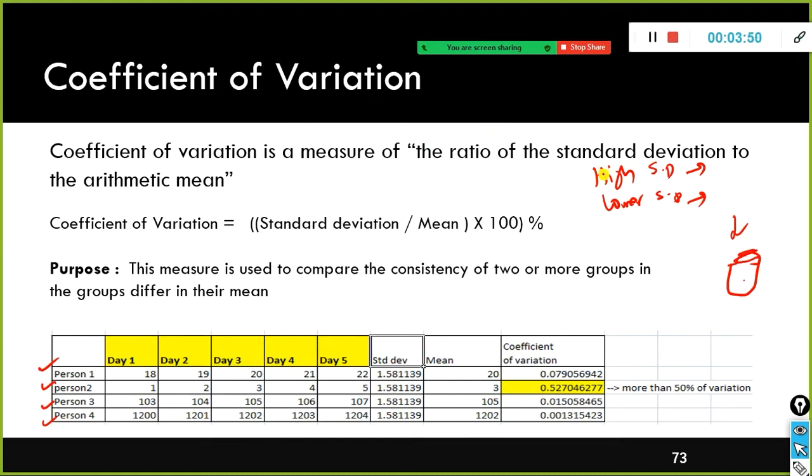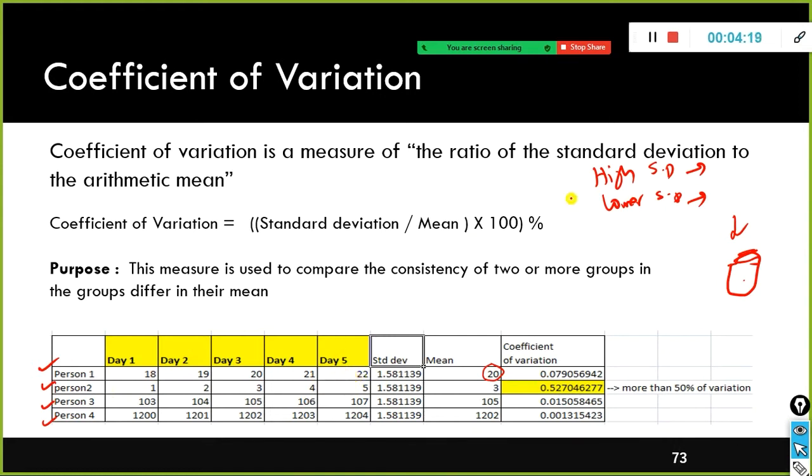Let's say you are computing the standard deviation for a given data set, say 18, 19, 20, 21, 22. You have 5 values. If the mean is 20, I need to subtract the mean from each and every value, square that, add all the squared values, and then divide by 5. That is the formula for standard deviation.